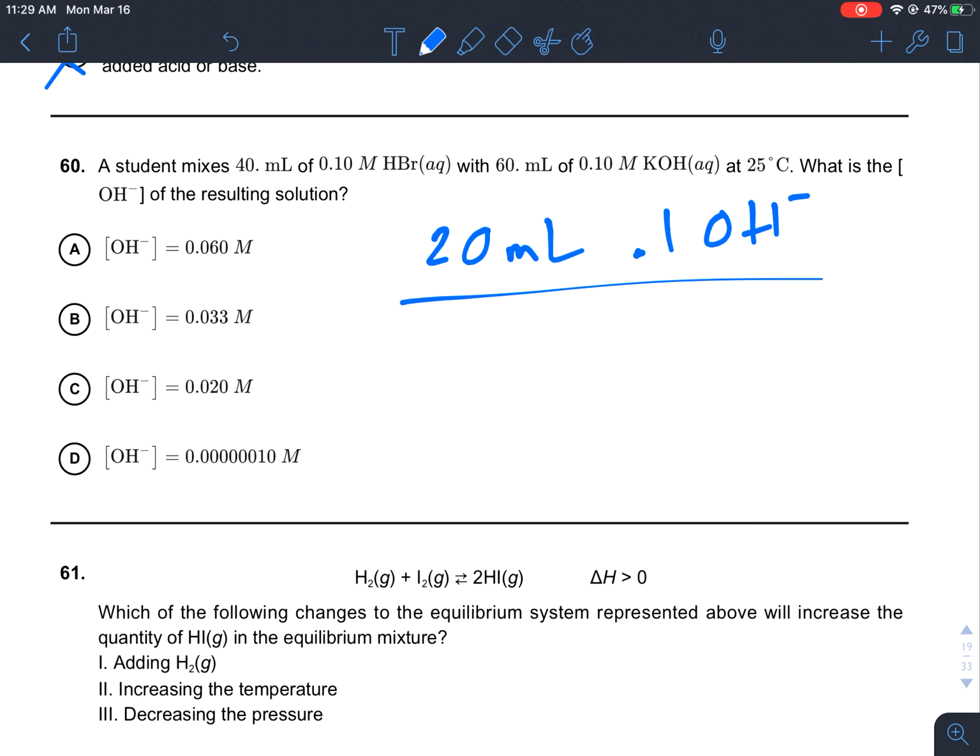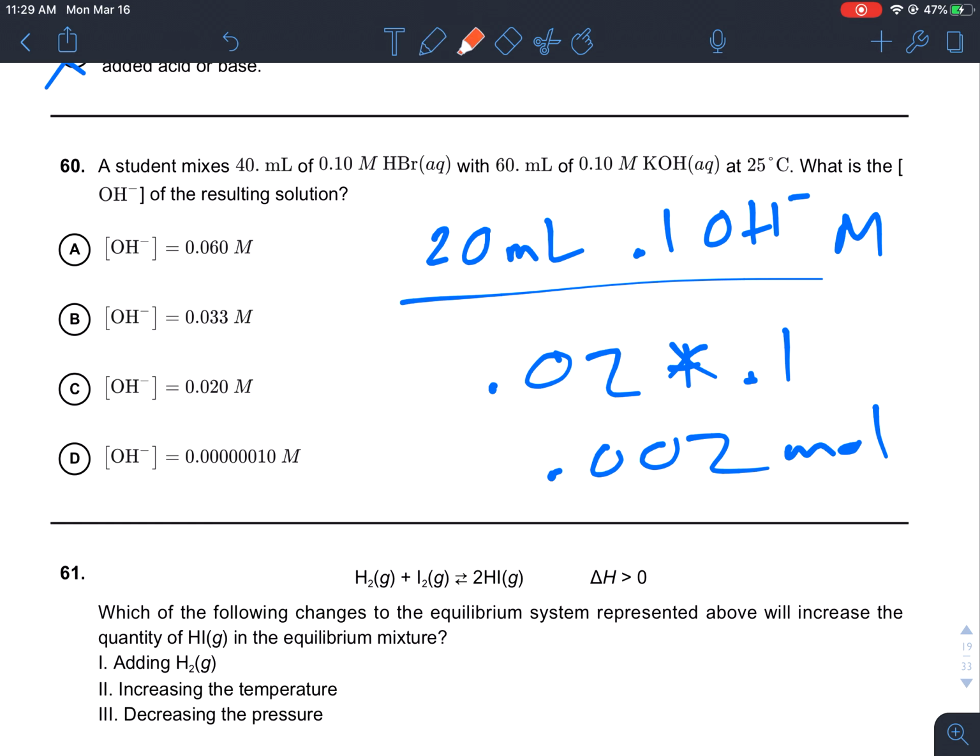If this is molarity and moles, 0.02 times 0.1 gets you 0.002, because we changed it to liters. That's how many moles you have. But when you mixed these solutions, 60 milliliters and 40 milliliters, you get a total of 100 milliliters or 0.1 liters. This turns out to be C.